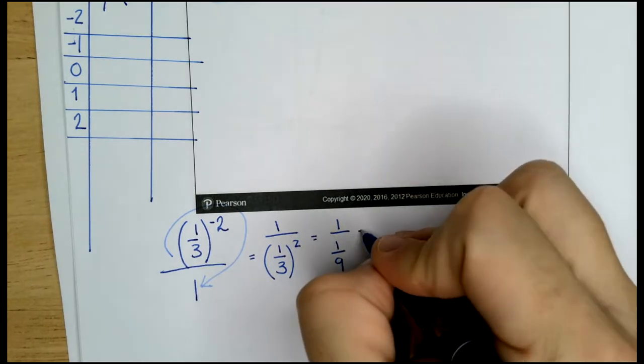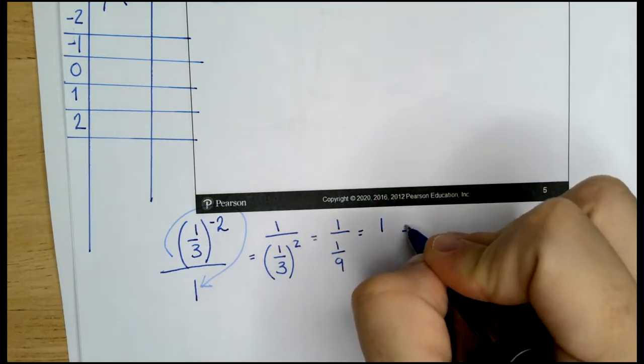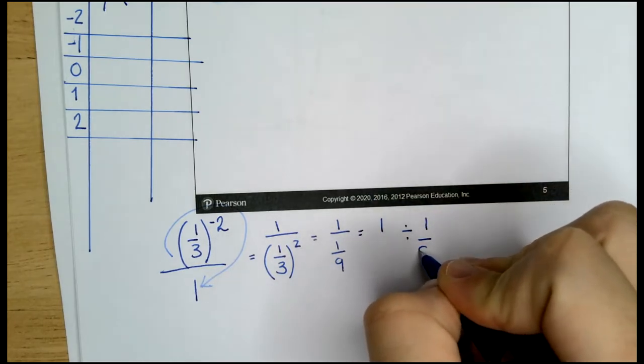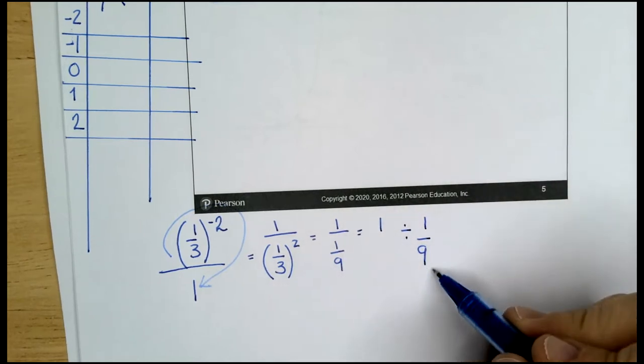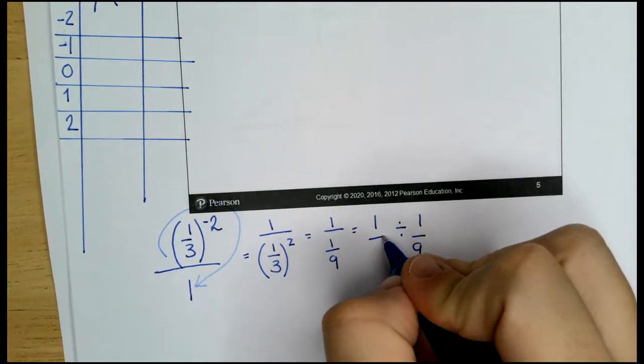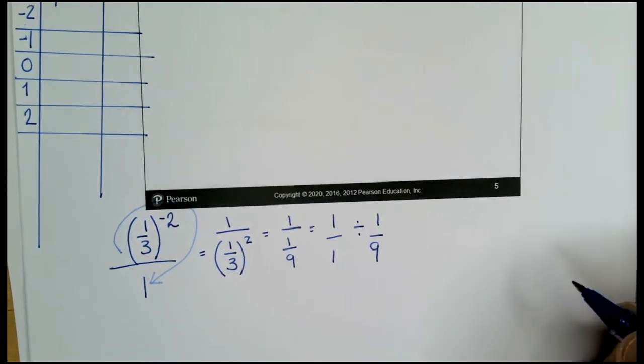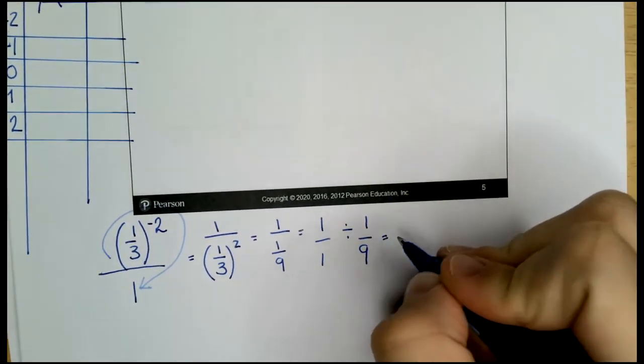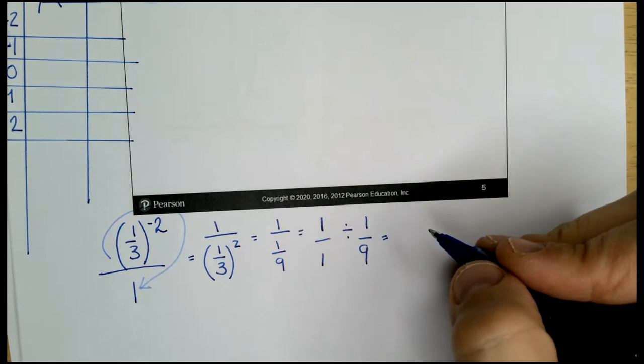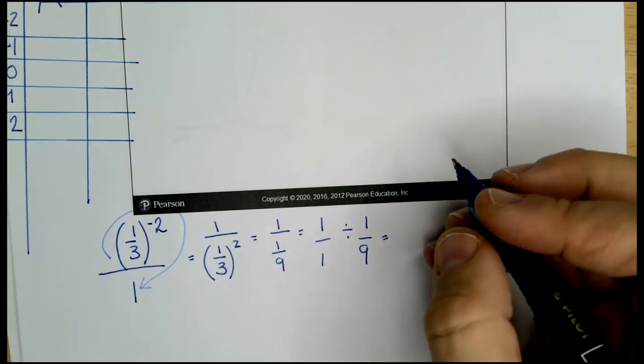1 over 1/9 can also be written as 1 divided by 1/9. Since that's a fraction, I'm going to turn this into a fraction. It's 1/1, right? 1 divided by 1/9. We're going to keep, flip, change it, right?